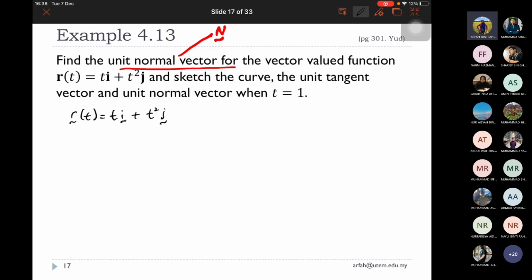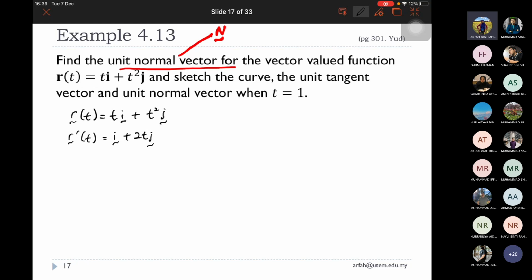Okay, so daripada sini kita akan dapatkan dia punya r prime t. Okay, so r prime t bezakan t i tambah 2t j.